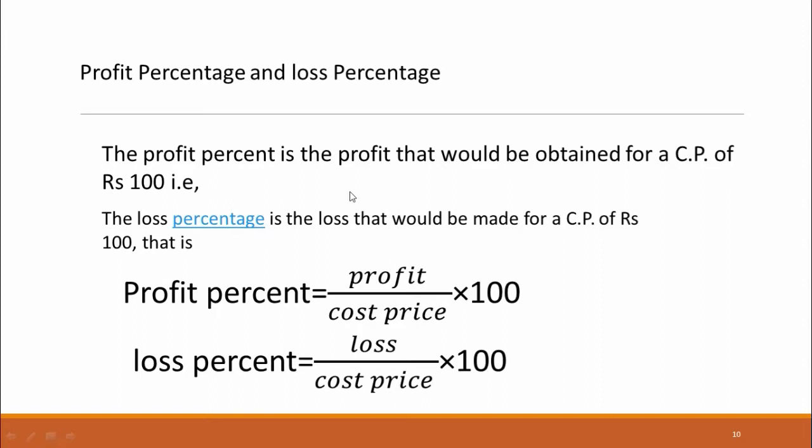Dear students, we have already learned about percentage in the previous slide. Now, how to find the profit percentage and the loss percentage. To find the profit and loss is very easy, as I have already told you in the previous slides how to find the profit and how to find the loss.